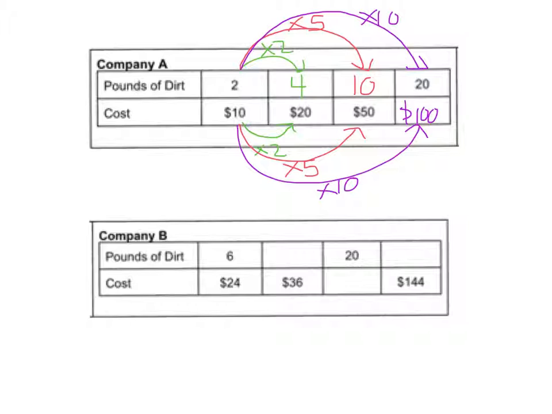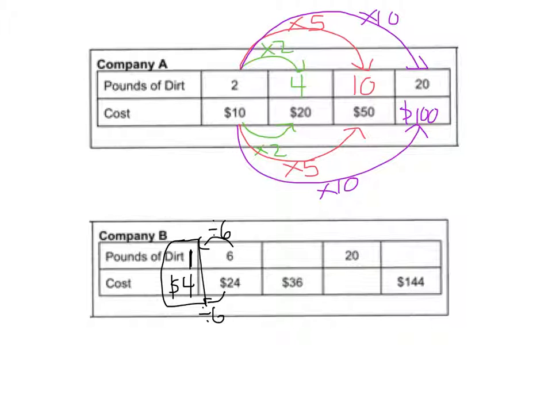I know that both 24 and 6 are both divisible by 6. So I can reduce it and see that 6 divided by 6 would give me 1 pound of dirt and 24 divided by 6 would give me $4. So this right here happens to also be our unit rate.